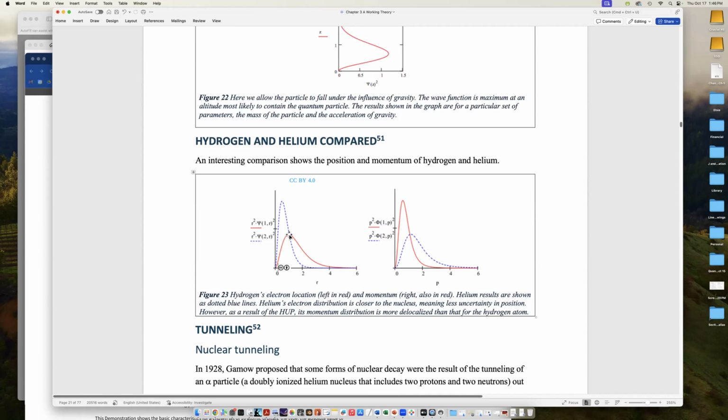In the hydrogen case, there's only one proton in the nucleus. So the electron is less bound than in the case of helium, which has two charged particles in its nucleus. And so it's much more likely for the electrons in the cloud around the helium nucleus to be closer to the nucleus. And so you see this depiction here.